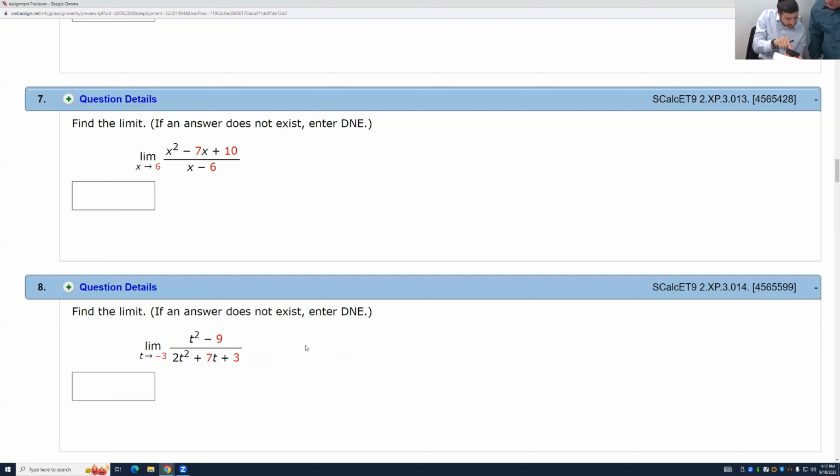Everywhere else it exists, like even at 1, the left and right match up. Everywhere else it's continuous, so only -1, left and right don't match. Exactly, so that'll be the answer, a equals -1. Good.